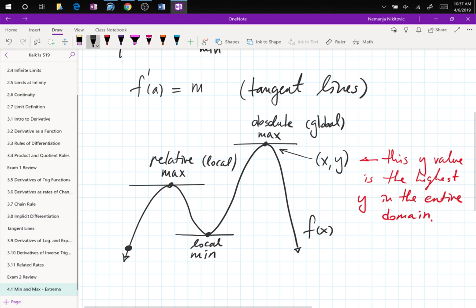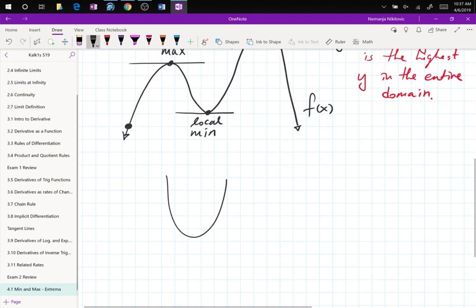In order to be absolute or global, it has to be the minimum value and no other point will go below ever. x squared, this is a global min, right? Because never will it turn back down to have a lower point. So that's what it means to have a global min or a global max, the absolutely lowest y point.